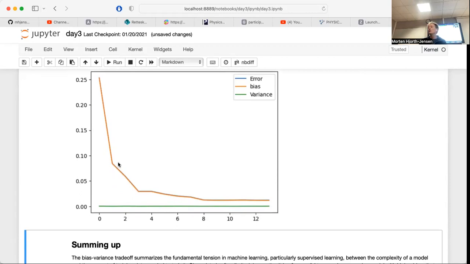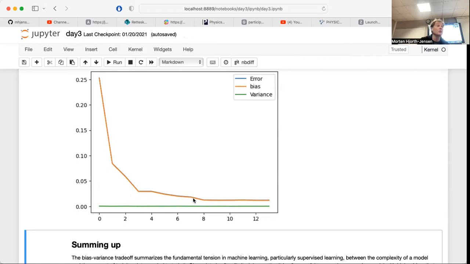So you see now that with the model complexity up to a 14th degree polynomial, my variance in the model is basically 0. And I'm getting a pretty good mean squared error on the data which were not included in the training. So my mean squared error now, and this is done with bootstrapping, is still not 0, but it's pretty small.